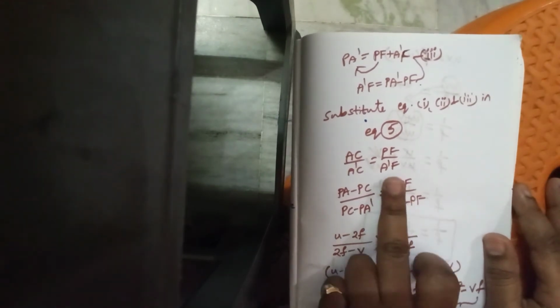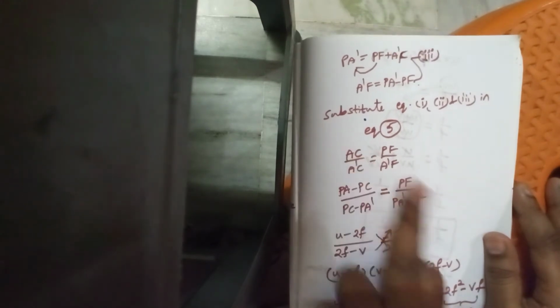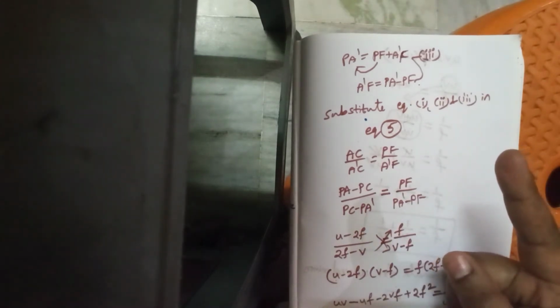So substitute these all three equations in equation number 5. We will get AC by A dash C is equal to PF by A dash F. From that we can get PA minus PC. I am substituting in the case of AC. Observe in the figure, no need to worry about this. You can understand very easily from the figure. I already explained it in the previous regular class.